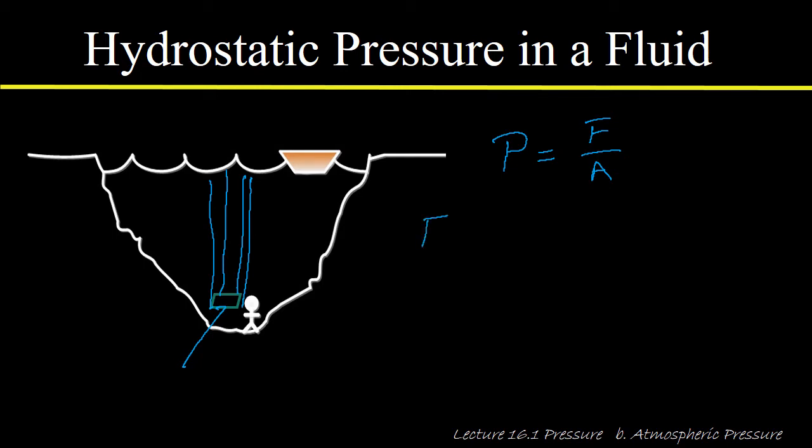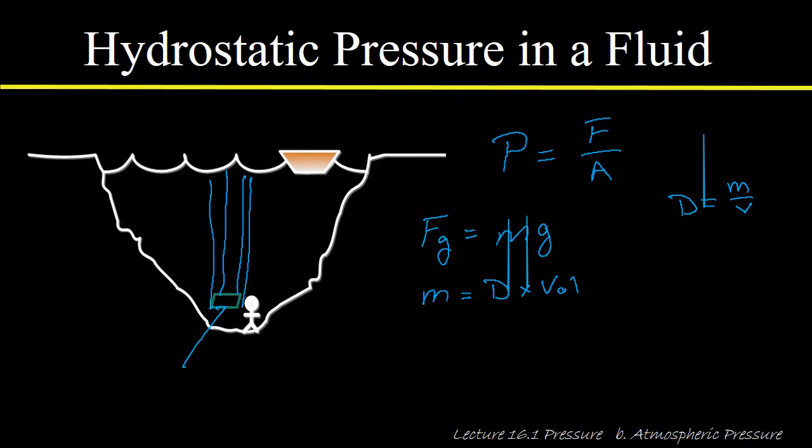So the force is going to be that gravitational force, which is the mass of the water times the gravitational acceleration. And for the mass, remember that density is mass divided by volume, and therefore the mass of that water is the density of the water times the volume of the water.